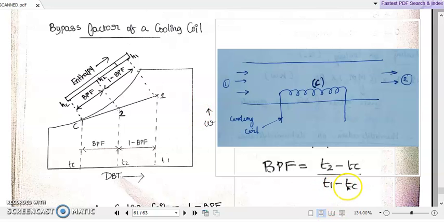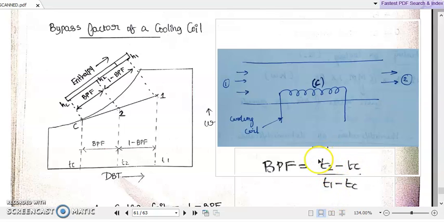T1 minus TC is the temperature change for which the cooling coil was set up. When we set up the cooling coil, we aim to bring down the temperature of the entire air from T1 to TC. But that is not happening. Some air molecules bypass the cooling coil, and as a result a new temperature T2 comes up.